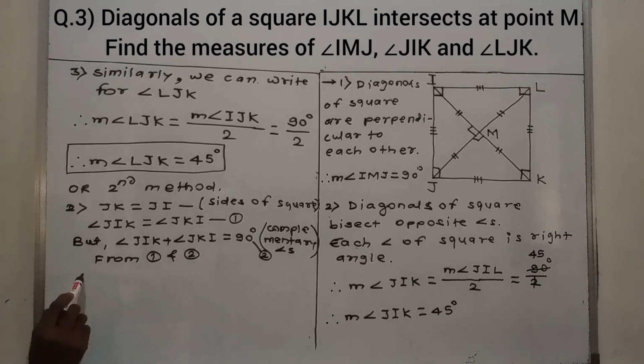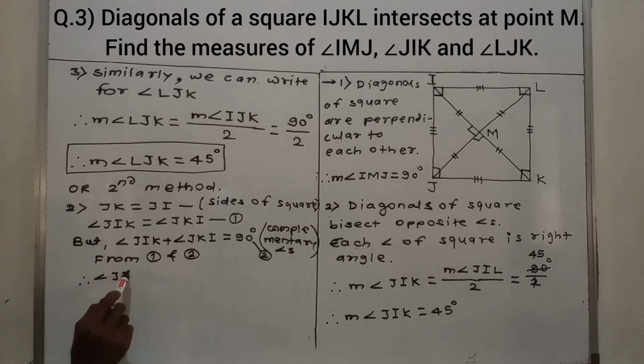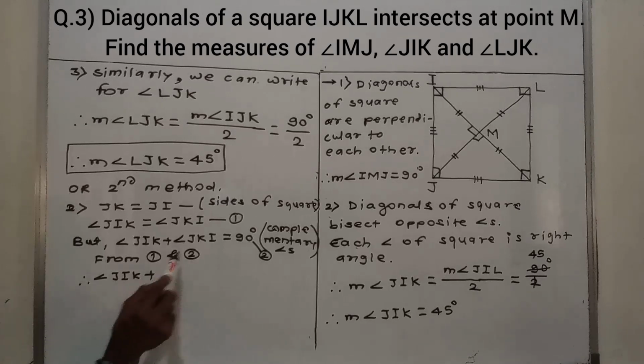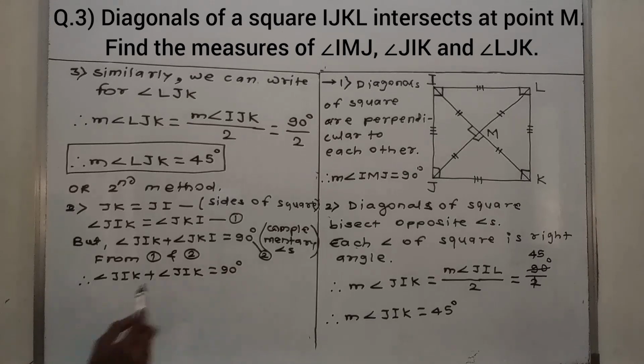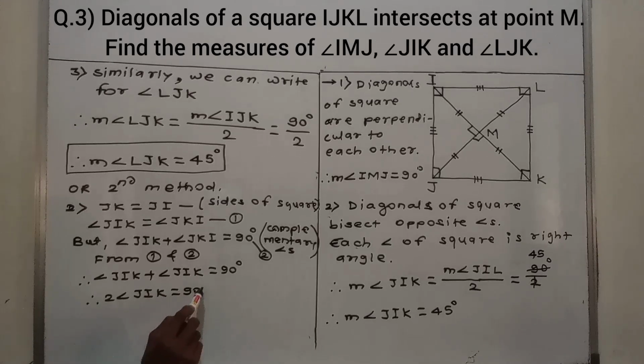Therefore, angle JIK plus JIK is equal to 90 degrees. Therefore, 2 angle JIK is equal to 90 degrees.